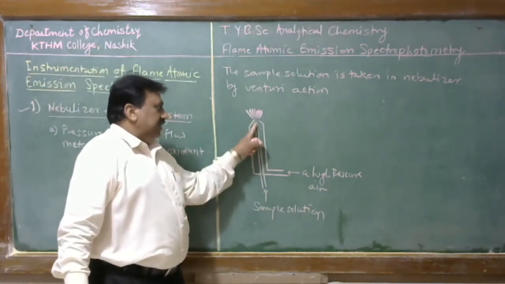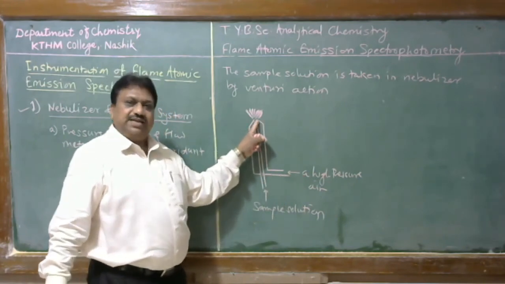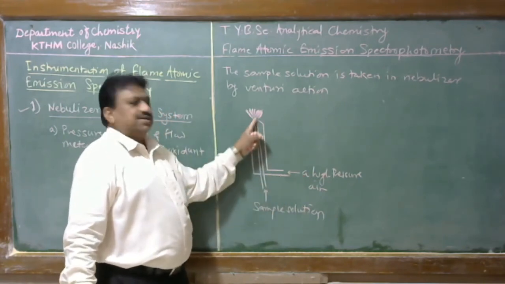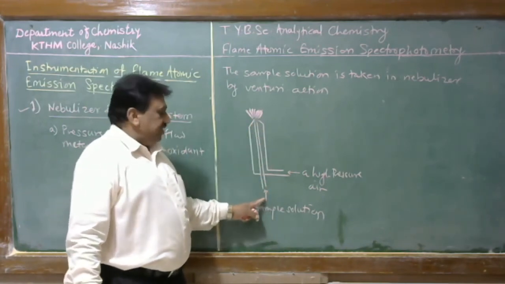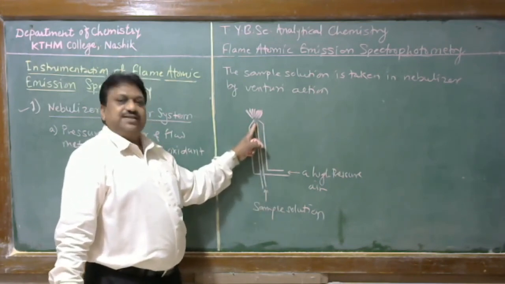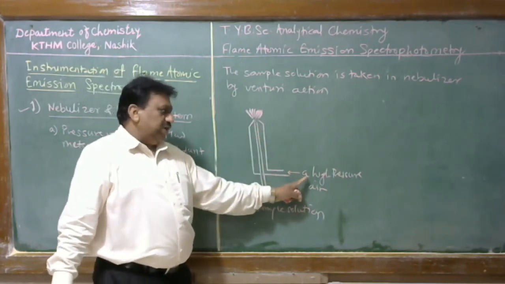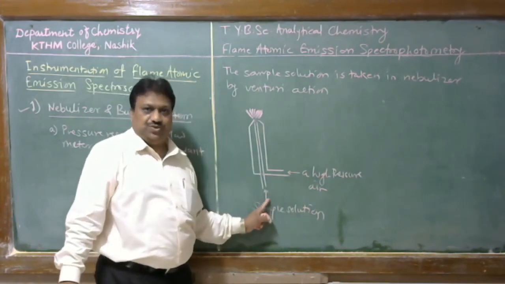Around the tip of the capillary, a flow of high pressure gas is maintained, and that automatically draws the sample inside the chamber. There is no other provision to take the sample inside the mixing chamber or atomizer. The flow rate of this air determines the flow rate of the sample solution.